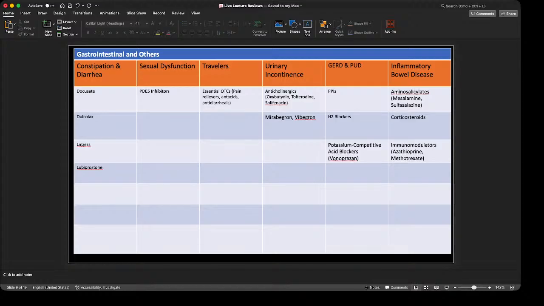Then urinary incontinence, someone might be on mirabegron or vibegron, and anticholinergics. And there's GERD and PUD. These are things like PPIs, H2 blockers, and potassium competitive acid blockers.